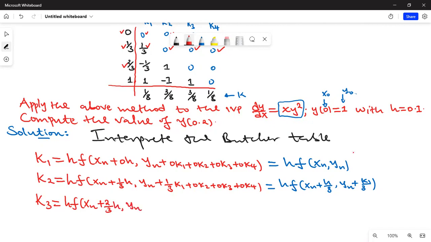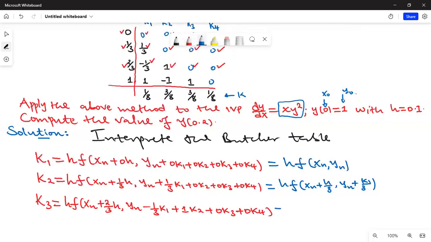We are adding negative 1/3 k1, then plus 1 k2, plus 0 k3 plus 0 k4.